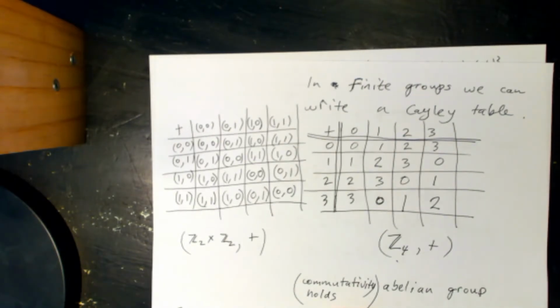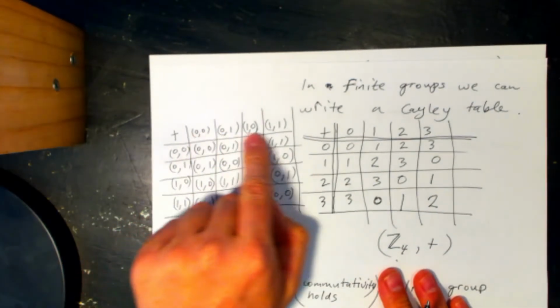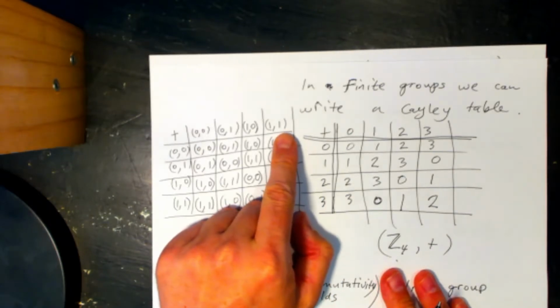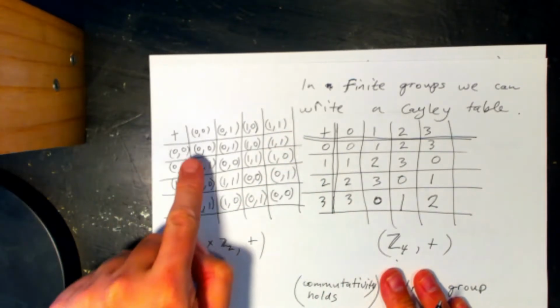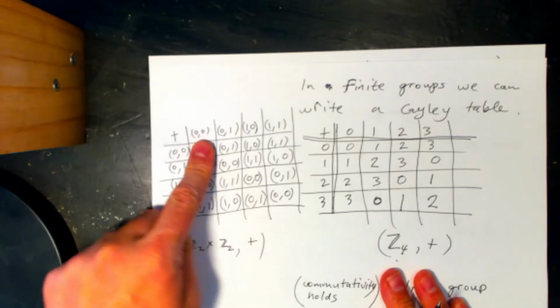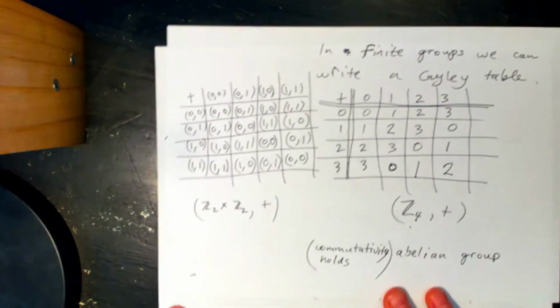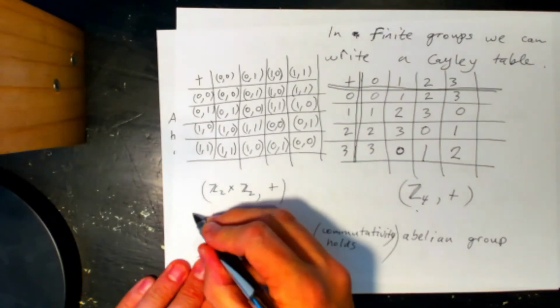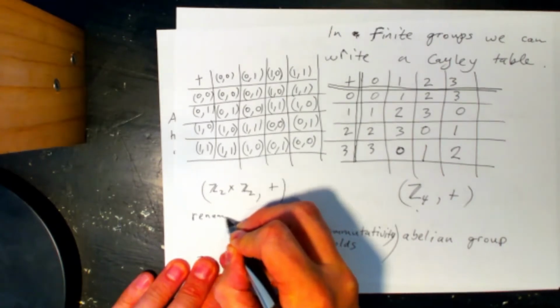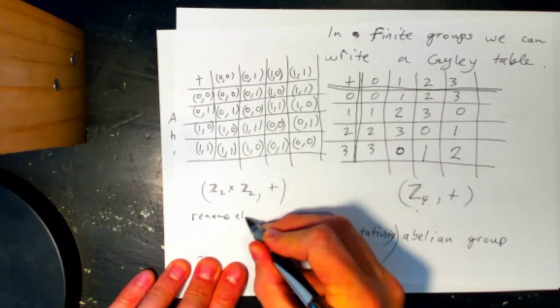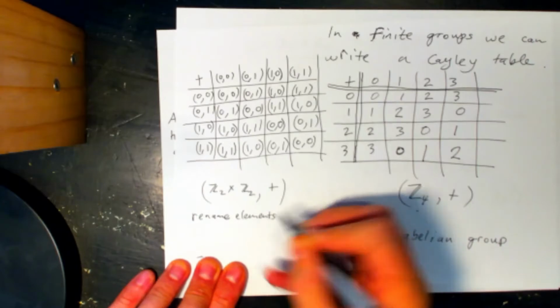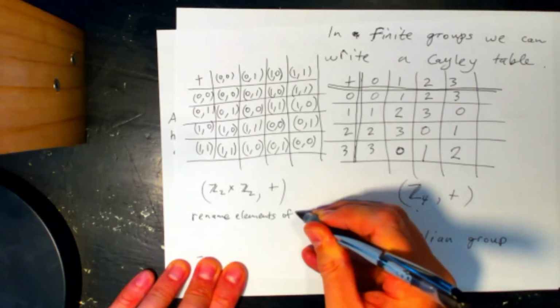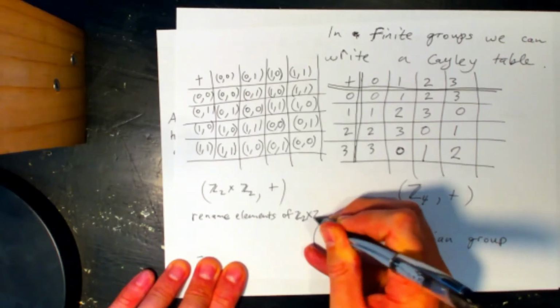Okay, now if we renamed these letters, we can do a renaming here. So I might rename this one 0, right? So let's actually do the renaming of the elements of the Cartesian product.